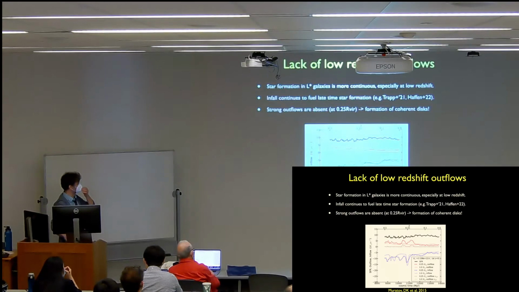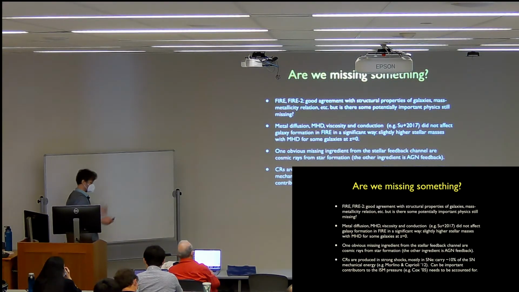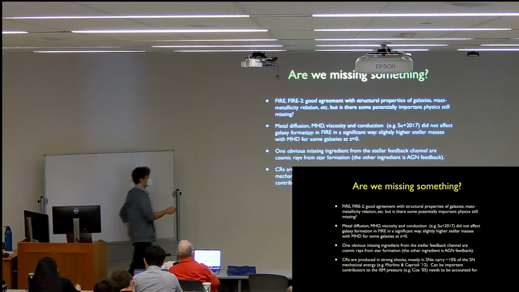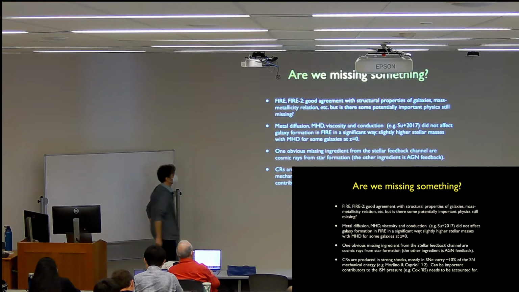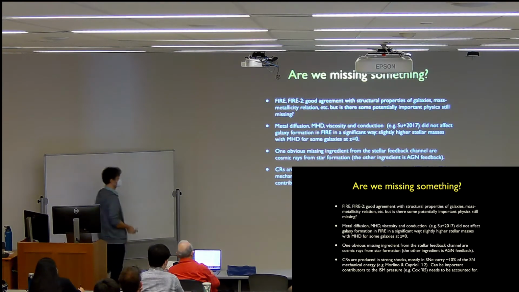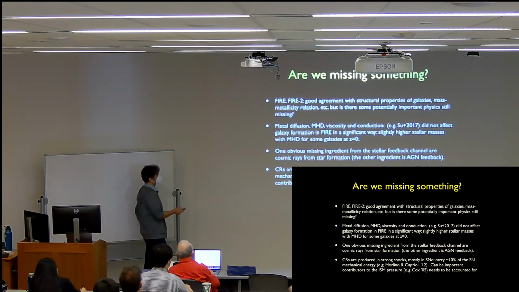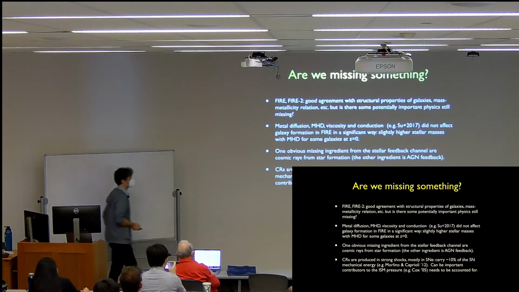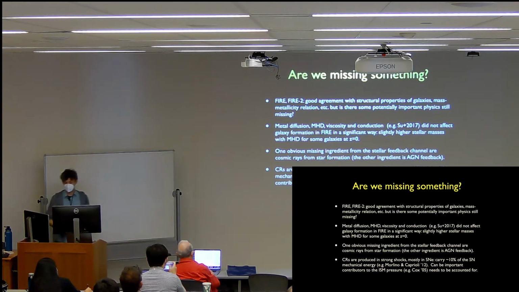But one obvious ingredient that we didn't try until recently, and people did point out that it's important in the interstellar medium, is cosmic rays. Cosmic rays are believed to be produced in strong shocks, mostly in supernova explosions, and about 10% of supernova mechanical energy actually goes into cosmic rays themselves. You might think 10% is nothing, 90% is still in supernovae.